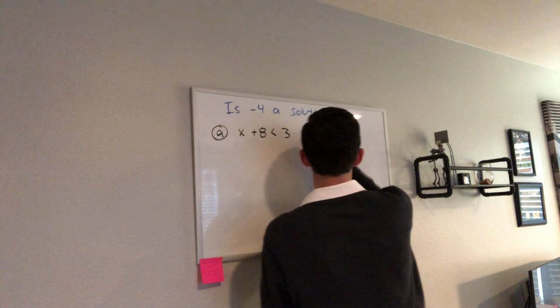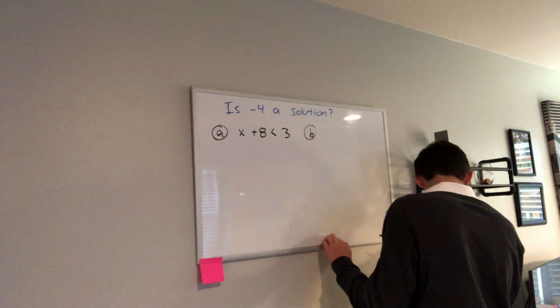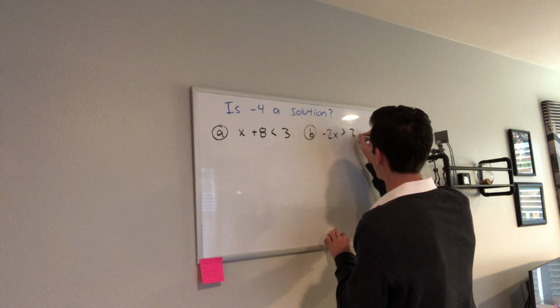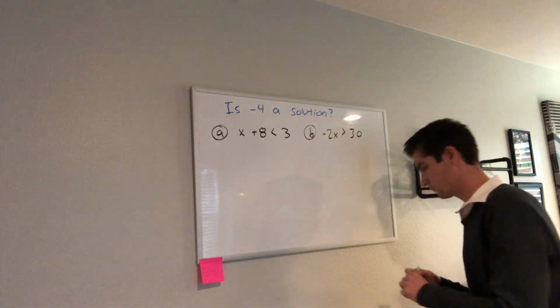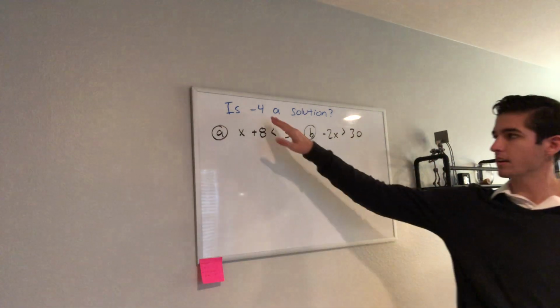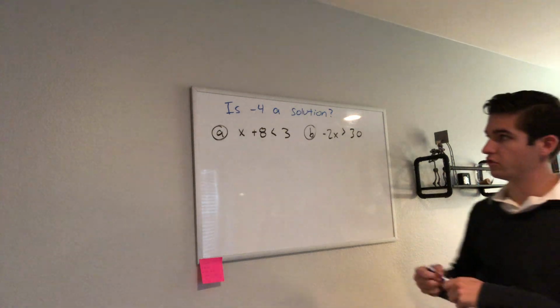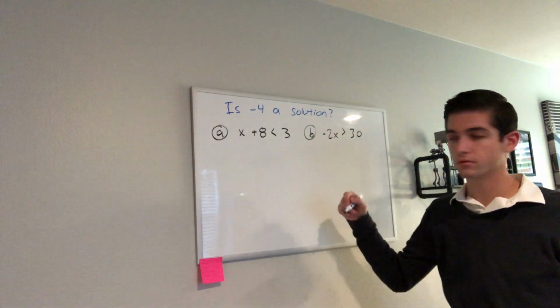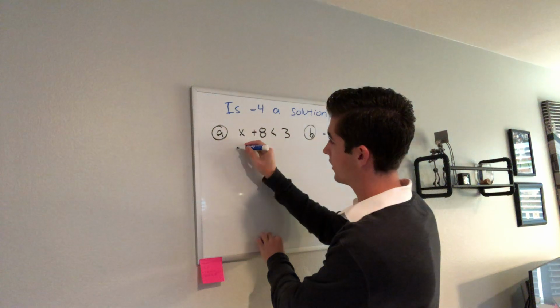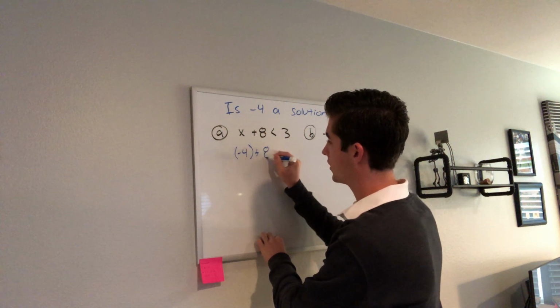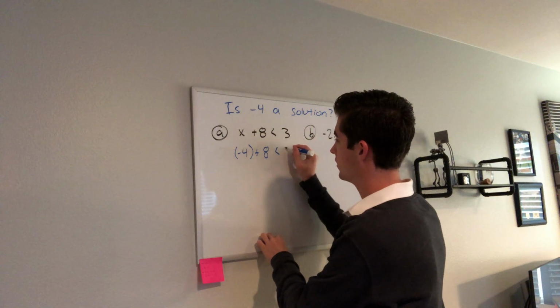And then for b, we have -2x is greater than -30. And we want to know, is -4 a solution? So what we're going to do here is just plug -4 in for x and solve. So we're going to say -4 plus 8 is less than 3.